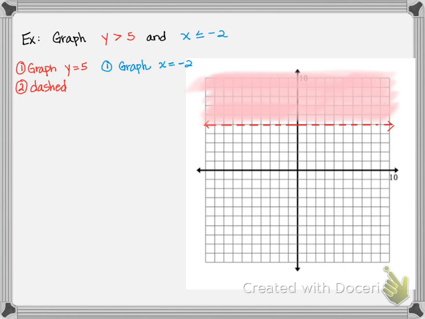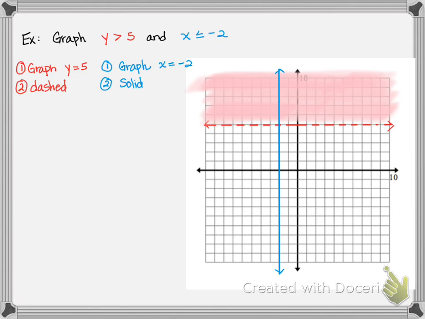It's a vertical line. So right here with an x value of -2. And this one is going to be solid because that inequality contains the or equals to line.